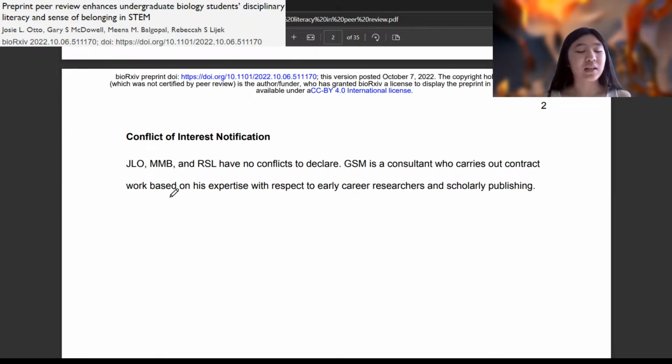So in this case, it says JLO, MMB, and RSL have no conflicts to declare. GSM is a consultant who carries out contract work based on his expertise with respect to early career researchers and scholarly publishing. So basically means they weren't worried about having conflicting ideas with anybody.